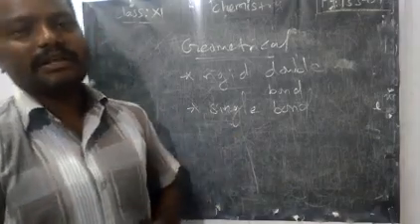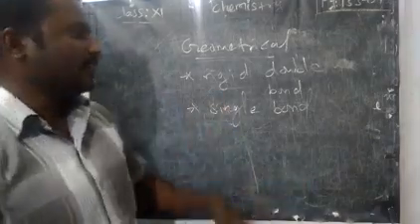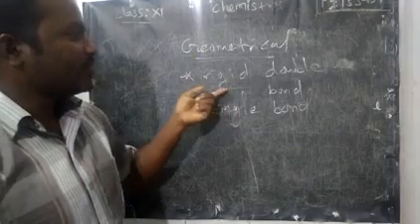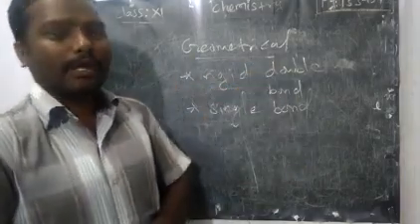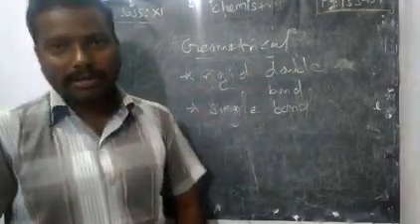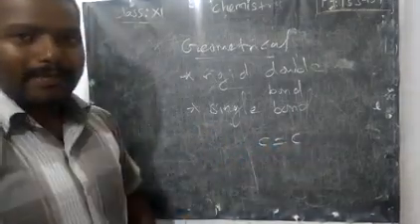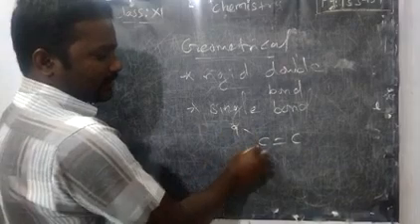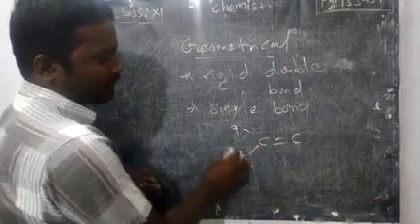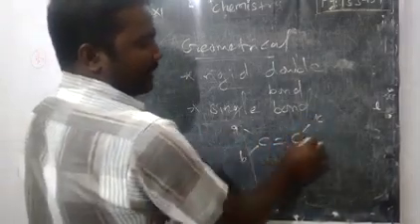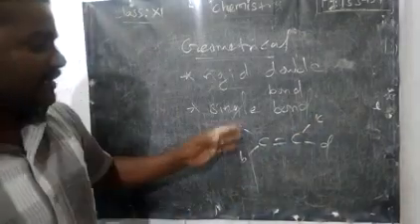That takes place in 1,3 butadiene. First we will see geometrical isomerism in compounds having a rigid double bond, okay? So a double bond is present between the carbons. Now there are different groups. That is an important condition also. That condition we will see later.